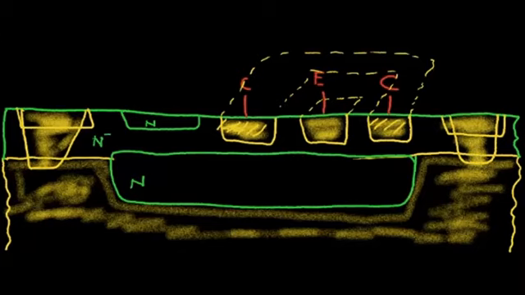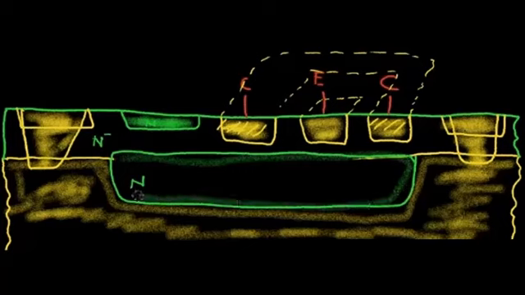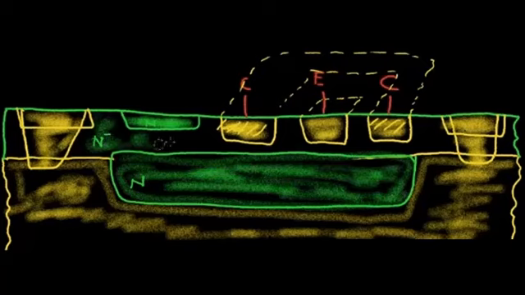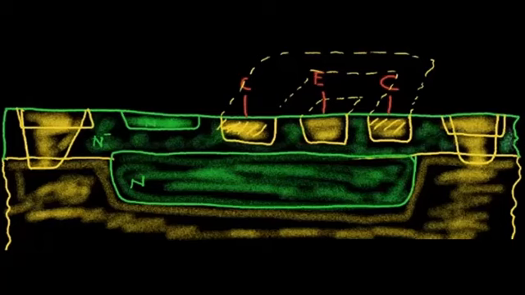So what happens is that this emitter base junction, well, let me finish shading this first. This is highly doped N region. This is highly doped N region. This is lightly doped N tub here. And the next tub at the right is over here. Next tub at the left is over here.